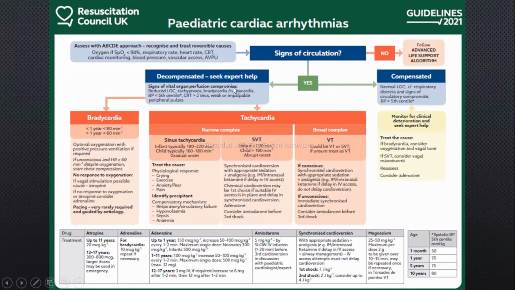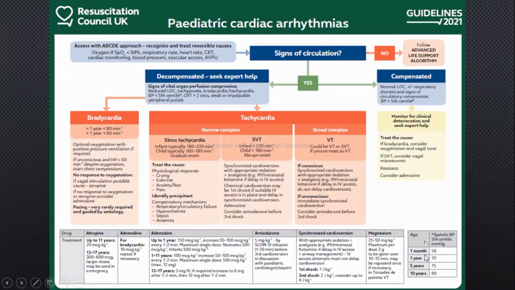He has signs of vital organ perfusion compromise, like reduced level of consciousness. He's alive, but has reduced level of consciousness, tachypnea, bradypnea, or tachycardia, and blood pressure less than the 5th centile, CRT more than 2 seconds, weak or impalpable peripheral pulses.